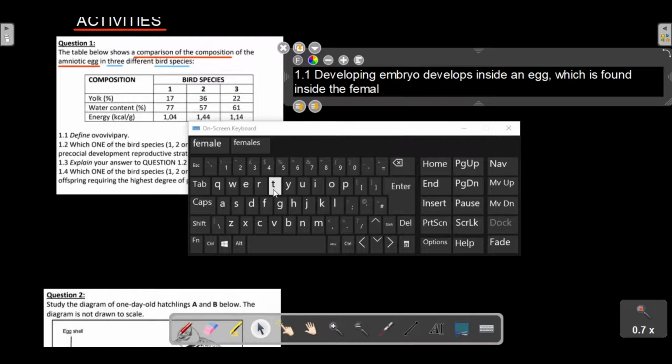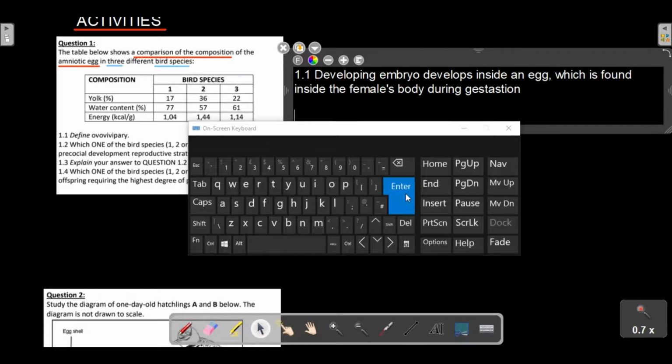For those of you who don't know, gestation is the pregnancy period. So during all that period, the embryo is inside an egg that is inside the female body. That is what the ovovivipary reproductive strategy is.